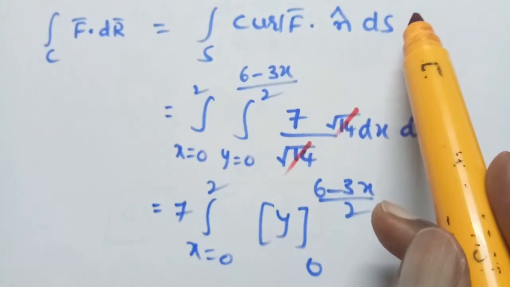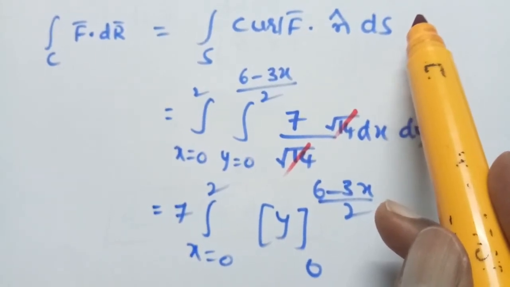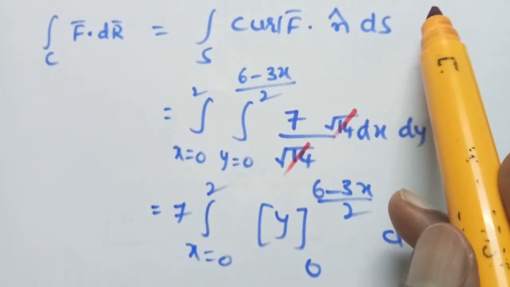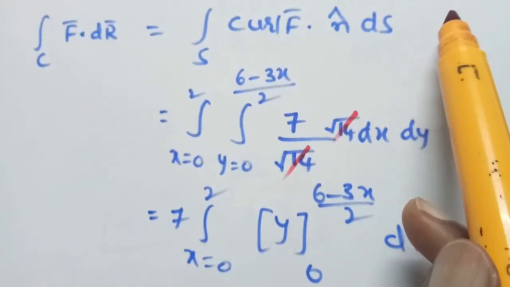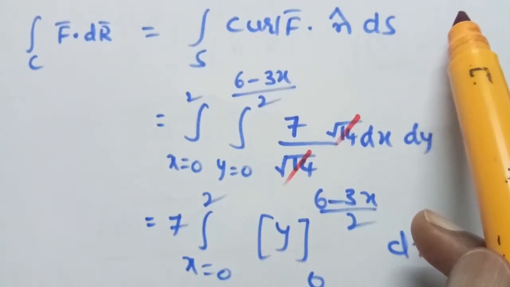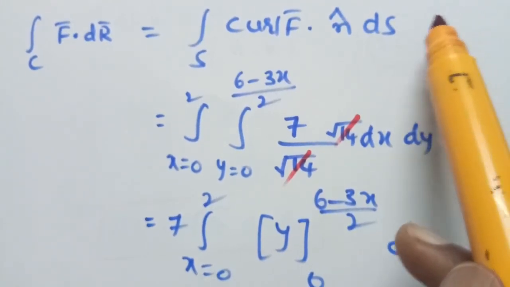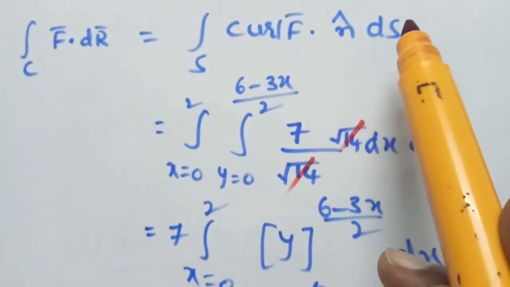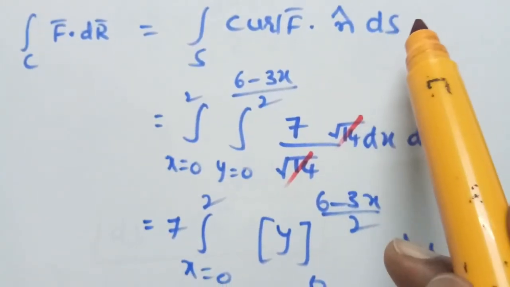If we find the area of the triangle, we get 3 root 14. 7 by root 14 into 3 root 14, root 14 gets cancelled. 7 into 3, 21. You can also evaluate this integration by finding the area of the triangle. So that is also another method.